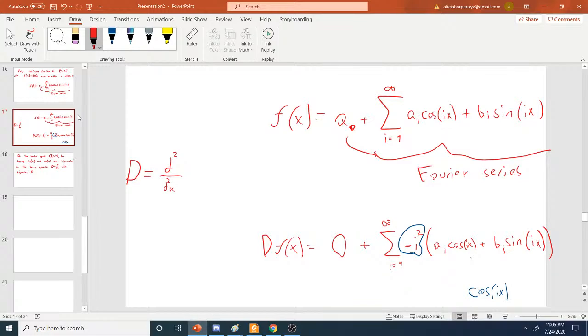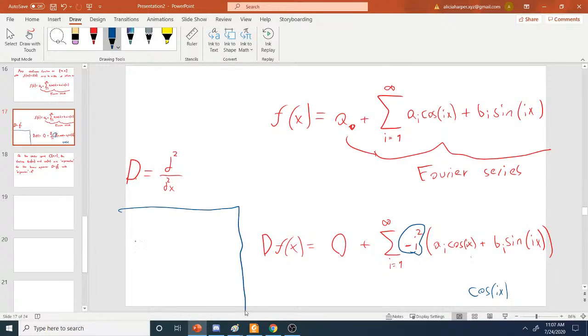For example, if I was to differentiate twice a Taylor series, say my Taylor series was a_i times x to the i, after differentiating twice, it would become a_i times i times i minus 1 times x to the i minus 2.